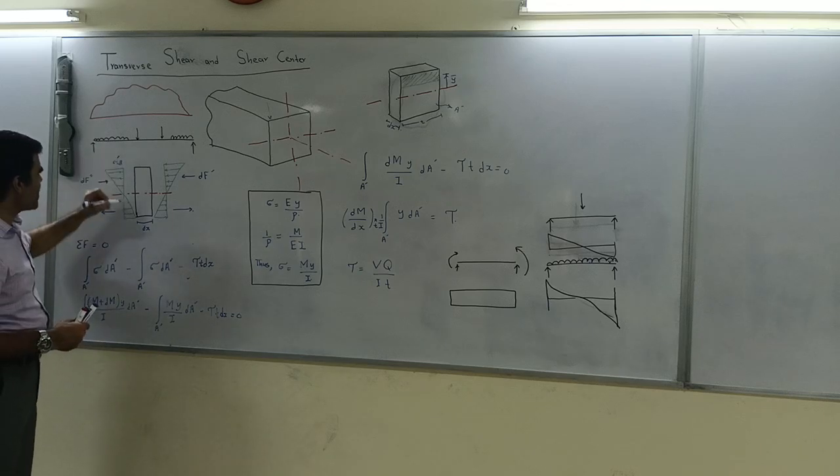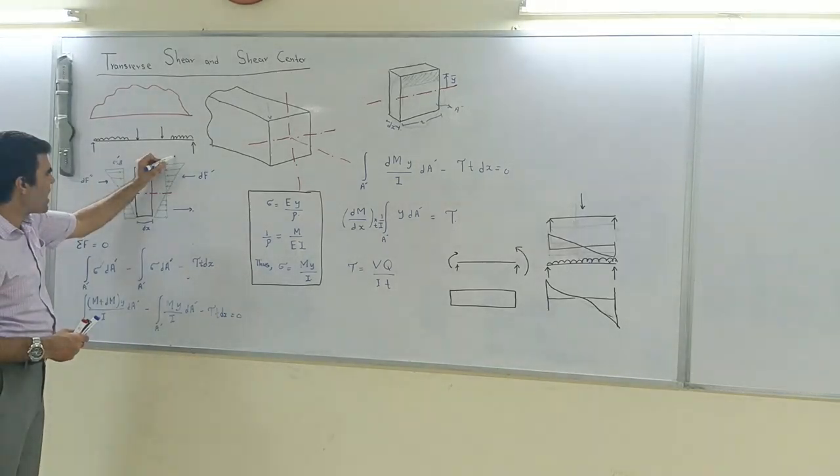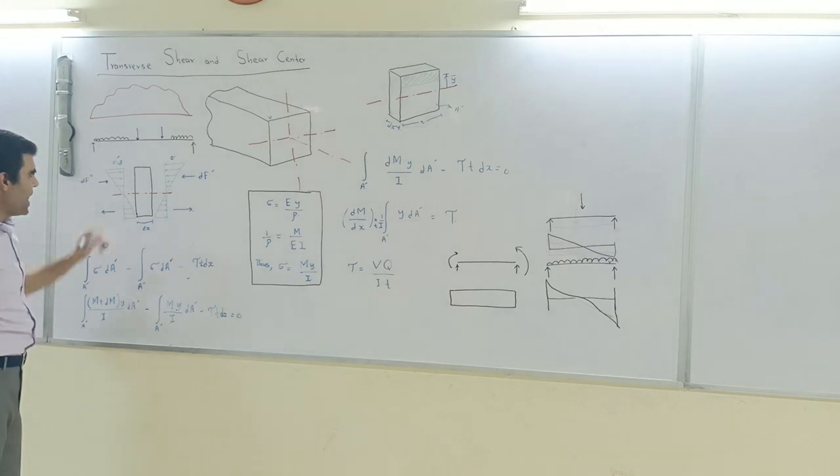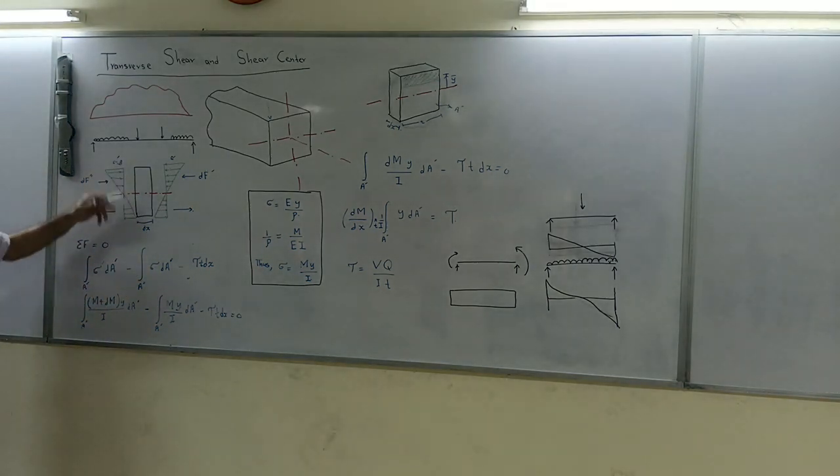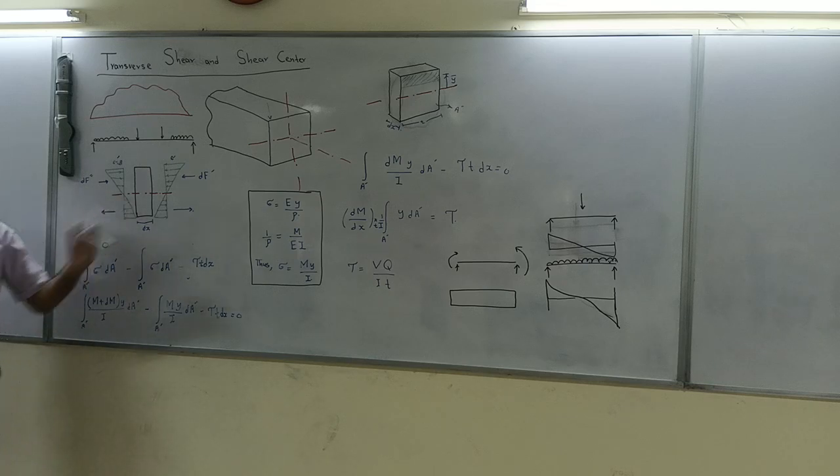This is our stress dash, this one is our stress, and the area of cross section is A. It's not necessary that this is rectangular. This cross section can be of any shape. I've just drawn a rectangle for convenience.